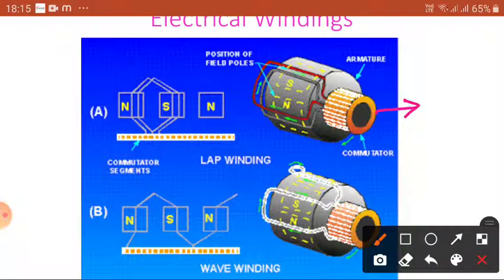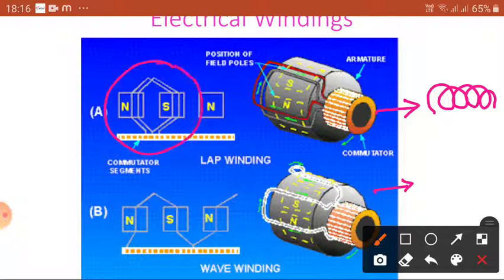So what is the lap? We have seen Hanuman's tail, just like it is going, this type of winding. Okay, now this winding is a wave winding, you can observe here. So how is it developed? Coming to the wave winding, the same armature is here, but the winding coil starts under one pole at one coil side.